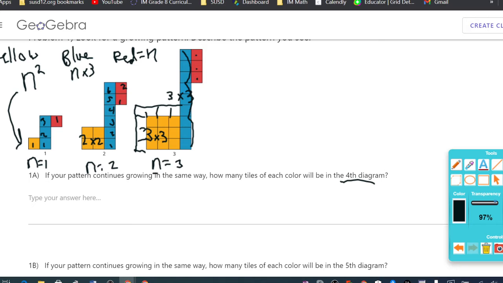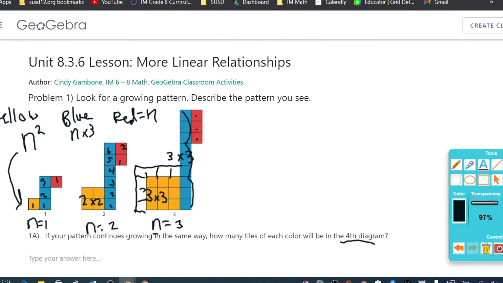And then there's going to be 3 more blues. 1, 2, 3, because every time it increases by 3. See? 1, 2, 3, 1, 2, 3. Every time the blue increases by 3, and the reds increase by 1 more. So that'd be like 1, 2, 3, 4 for the red squares.